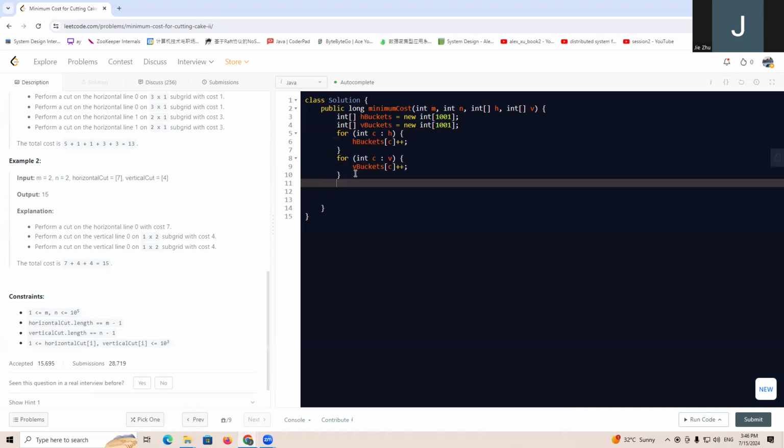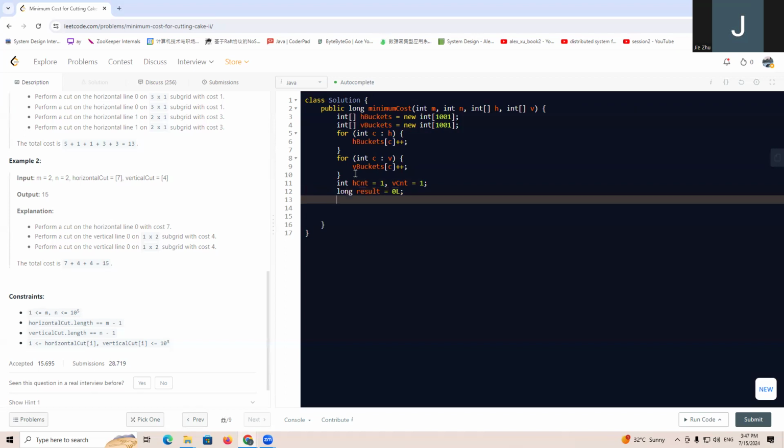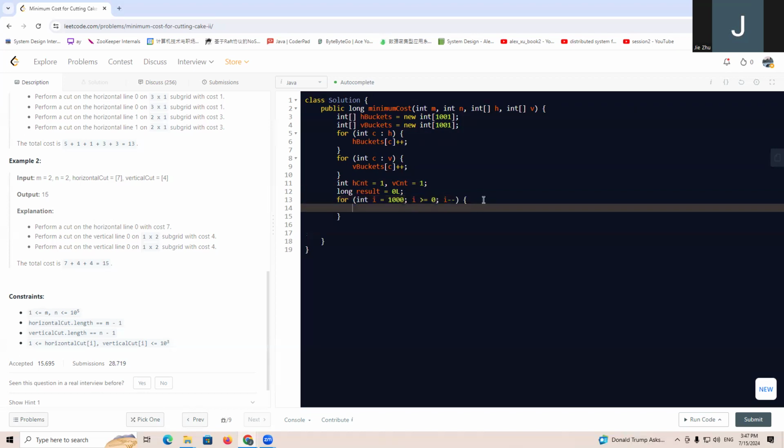So then we're going to have, for example, int H count initially as 1, and V count initially as 1. And we are going to have a long result equals 0L. So what we do is that for int i equals 1000, i greater equal to 0, i minus minus. Of course, the cost 0, we don't need to add it. Actually, greater or greater equal does not affect us.